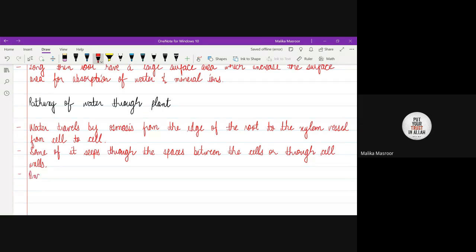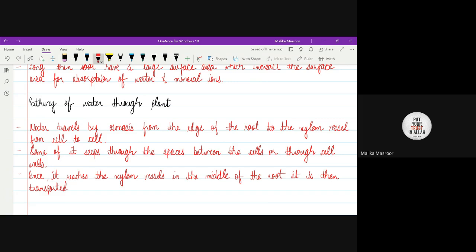Once it reaches xylem vessels in the middle of the root, it is then transported all the way up through the stem and into the leaves.